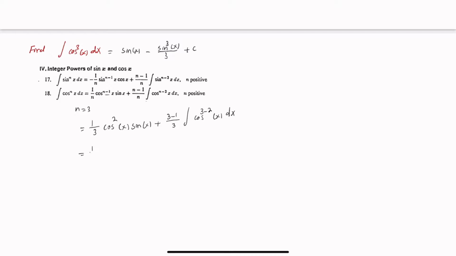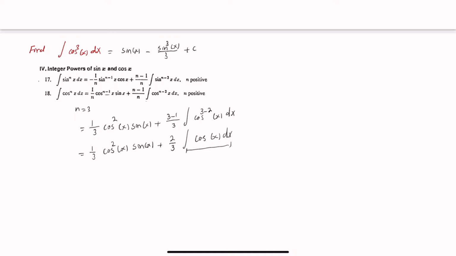Let's simplify. It's going to be 1 over 3 of cosine square of x, sine of x, and then plus 3 minus 1 is 2, so we're going to have 2 over 3, and then the integral of cosine of 3 minus 1, which is just 1, of x dx.